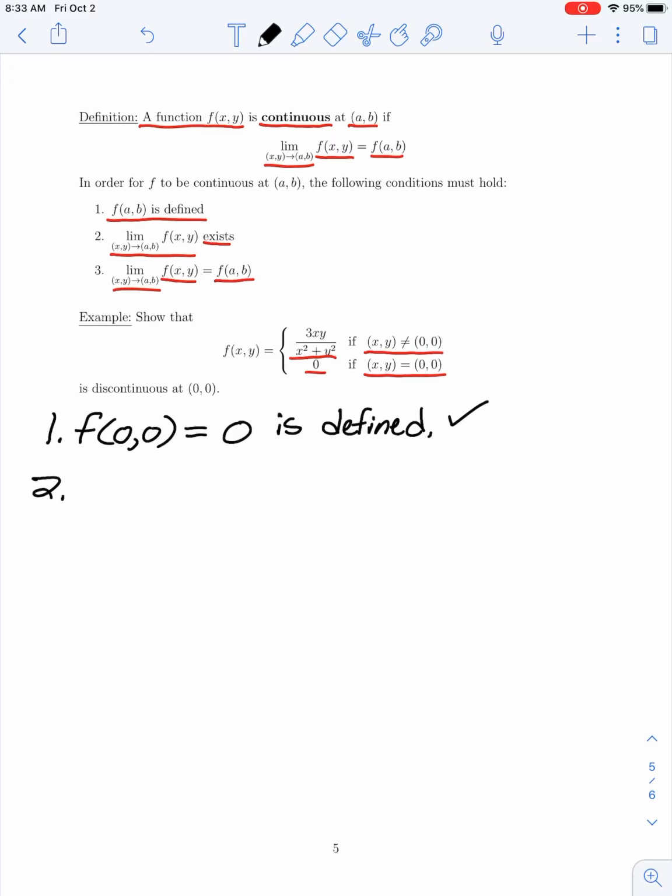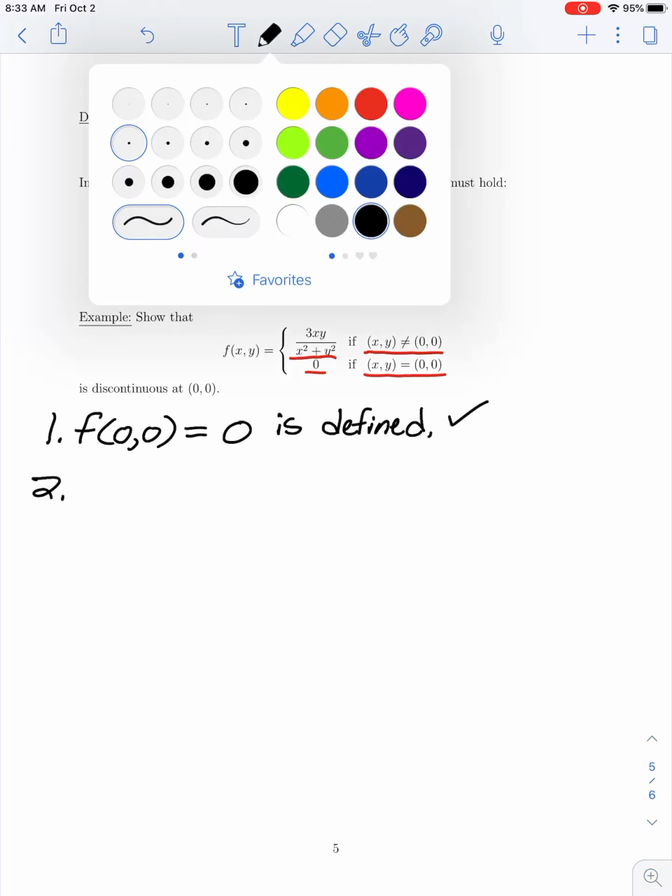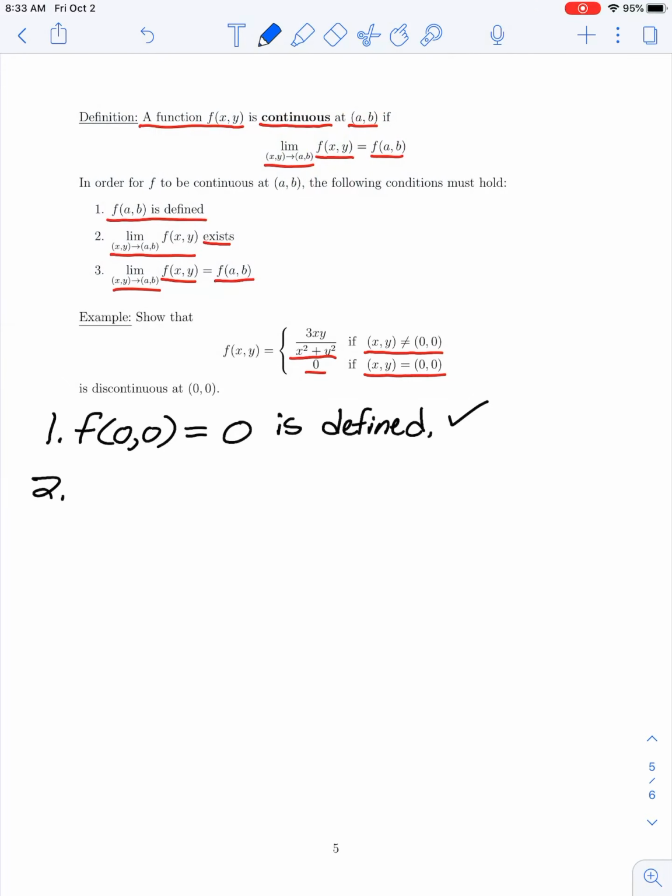Now, if we consider the limit as xy approaches 0, 0, we're looking at the limiting value of this function as x and y get closer to 0, 0, and we could see that we would have a limit of indeterminate form, something of the form 0 over 0.